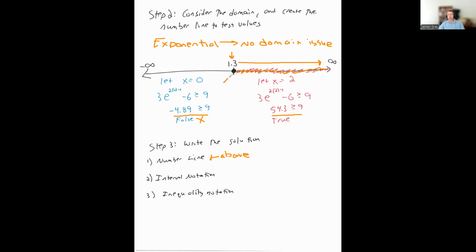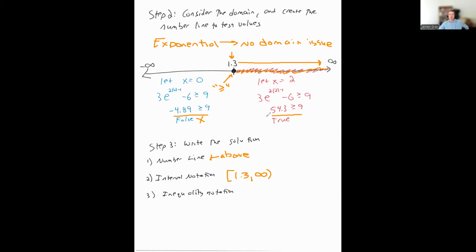I also noticed that because it was a greater than or equal to in the original problem, this is going to be a filled-in circle. So interval notation begins with a bracket, 1.3, and it goes out to infinity. Anytime we do infinity, we use parentheses.